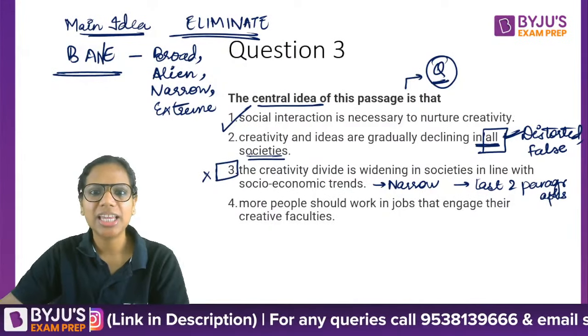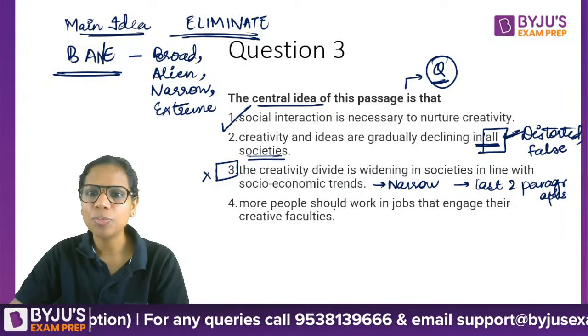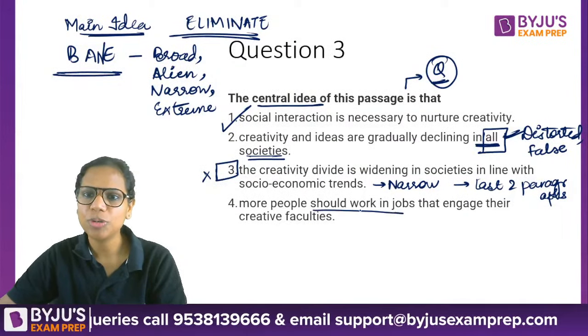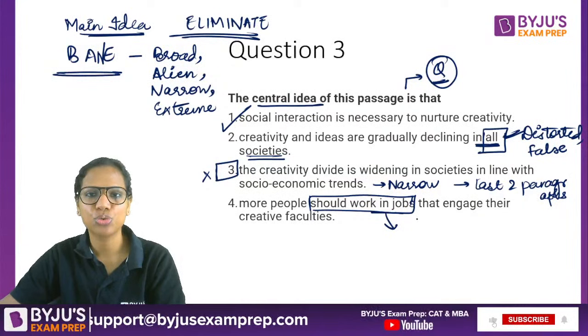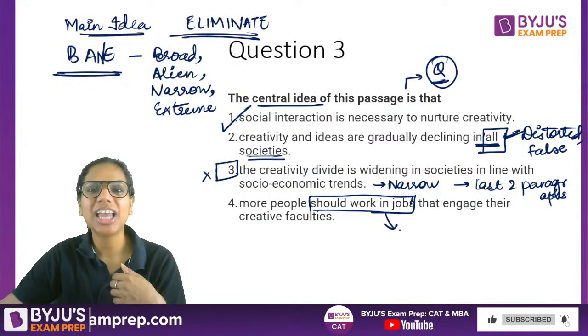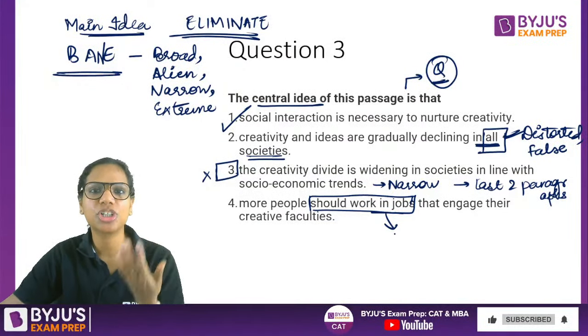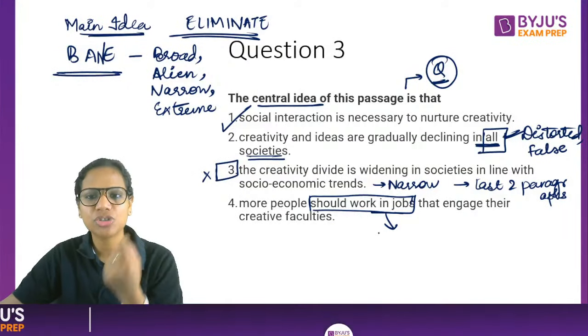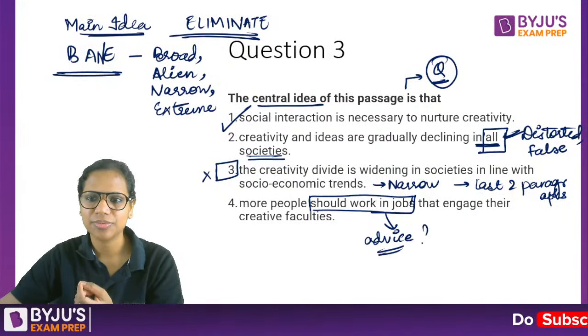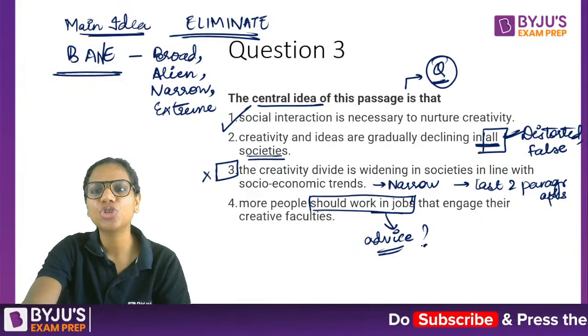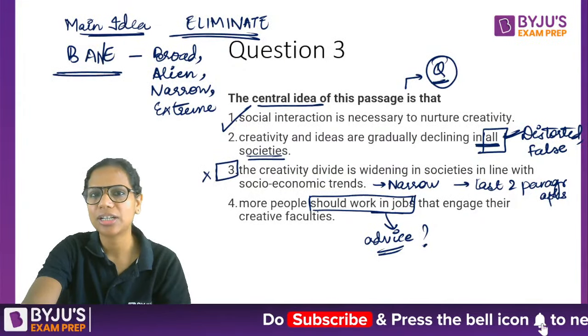Then if I look at four, more people should work in jobs. The moment you see words like should, must, have to, need to, basically anything that is in the nature of an advice or a prediction, you should question yourself, is this prediction, is this advice present in my RC? Has the author said this, that more people should work in jobs that engage their creative faculties?